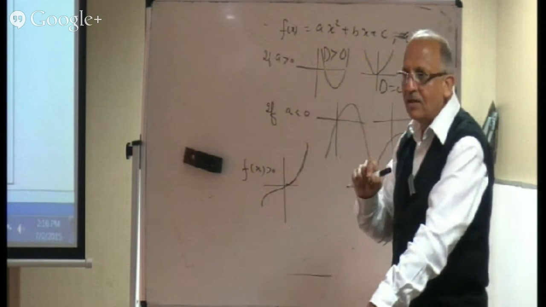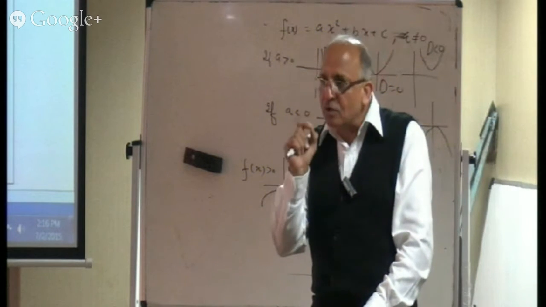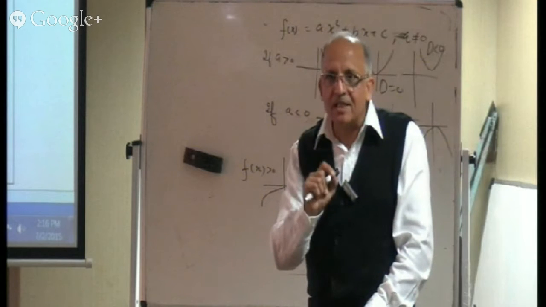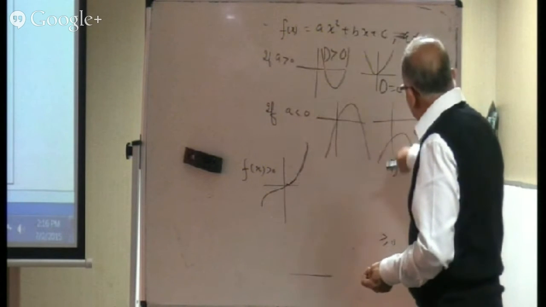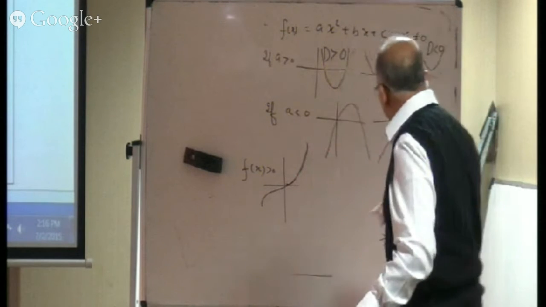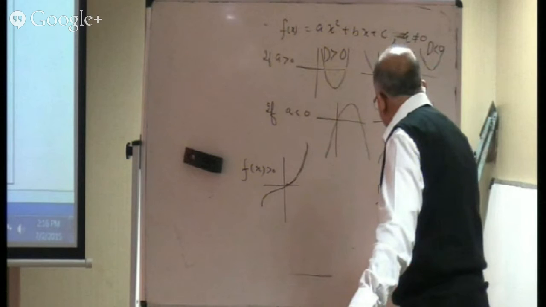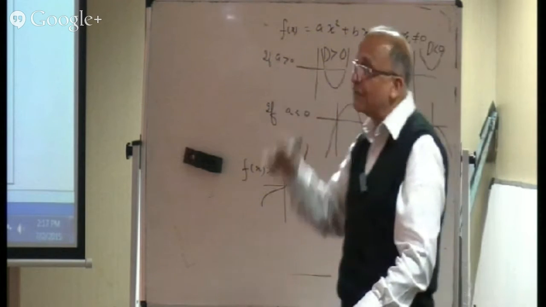It does not. If it touches the x-axis it will have to have one root, which is not true because D is less than 0. So D less than 0, a less than 0 implies the curve is below the x-axis. So here f(x) is always negative. So these expressions have to be seen like this also.